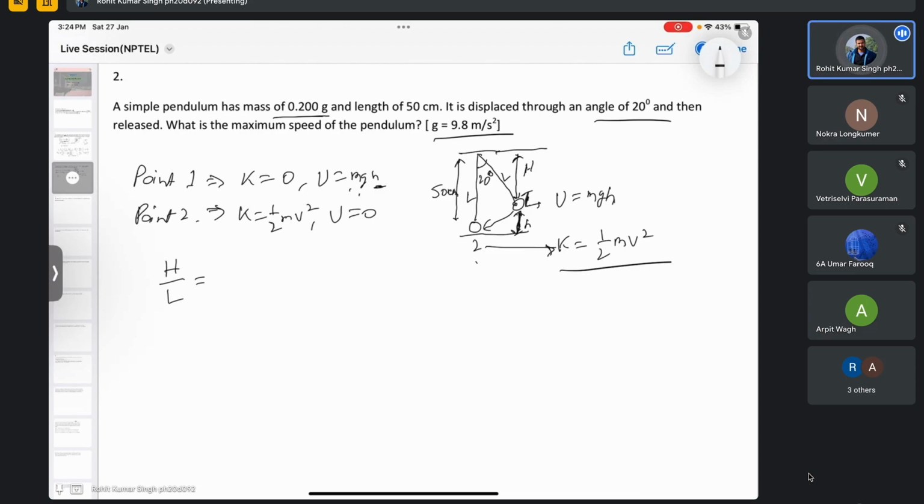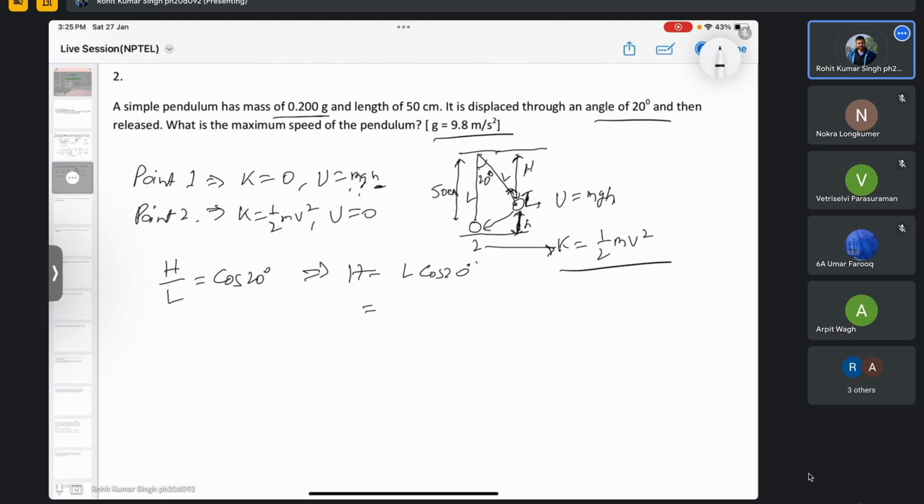Is it cos 20 degree or sin 20 degree? Anyone? This is 20 degree and this angle is also 20 degree, so it will be cos 20 degree, right? The ratio of H by L. So you can calculate H is equal to L cos 20 degree.